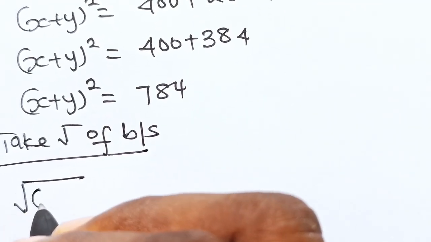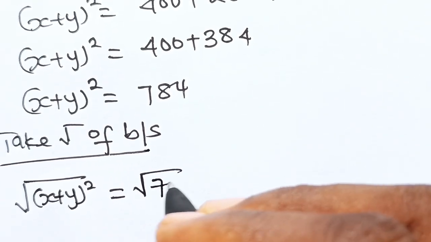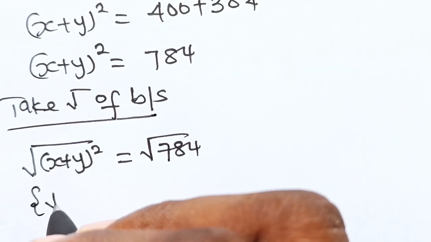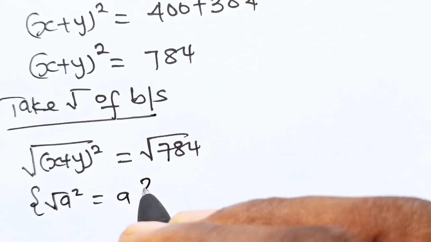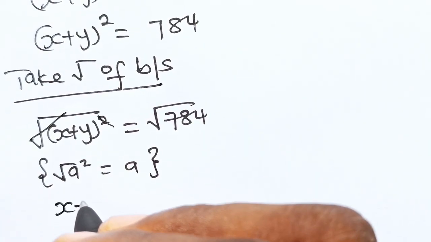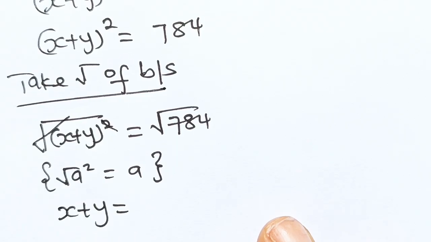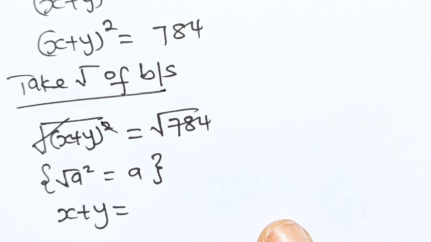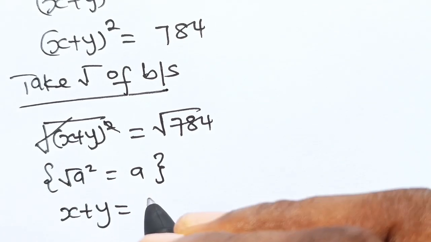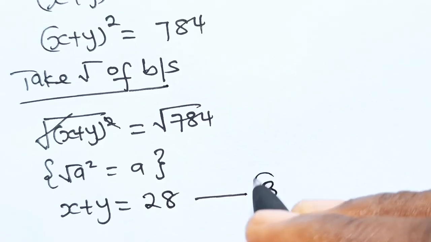Note that the square root of a squared is equal to a. So we have x plus y is equal to the square root of 784, which is 28. Now let's call this equation 3.